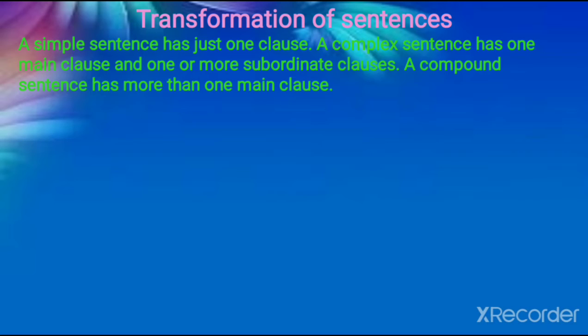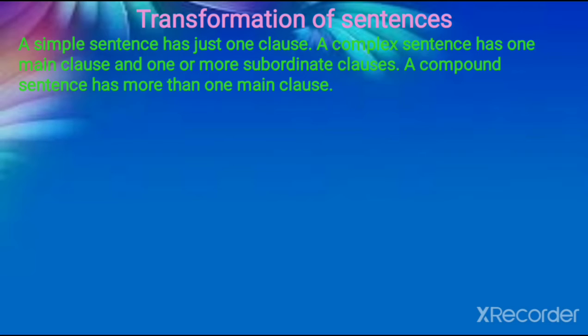Here we can change a simple sentence into a compound sentence or a complex sentence. This is usually done by expanding a word or phrase into a clause. In the same way, we can change a complex or compound sentence into a simple sentence. This is done by reducing a clause into a word or phrase.